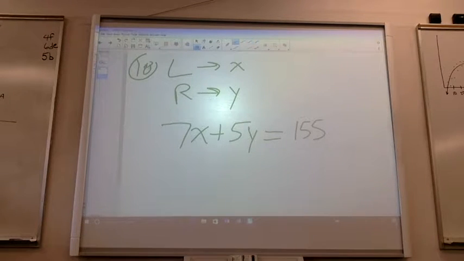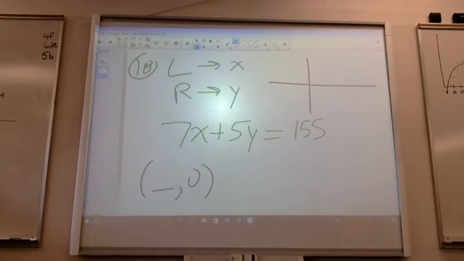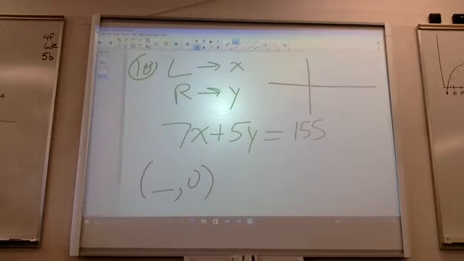Okay, so let's think about what this looks like on the XY axis. So we're going to figure out where it crosses the x-axis. So we have blank comma 0. So I'm going to make that a 0 right there. So 7 times what number gives me 155? I don't know. Divide each side by 7. So x equals, is that 3?